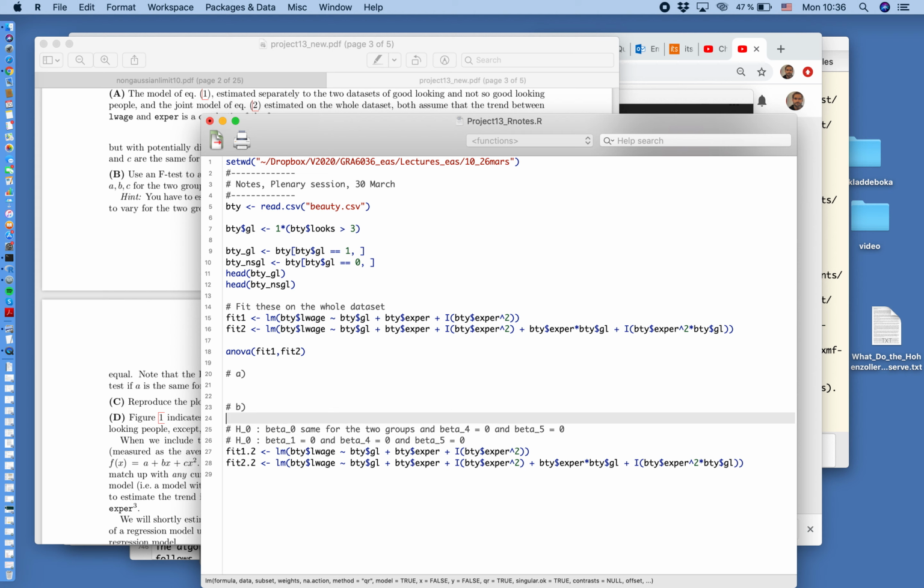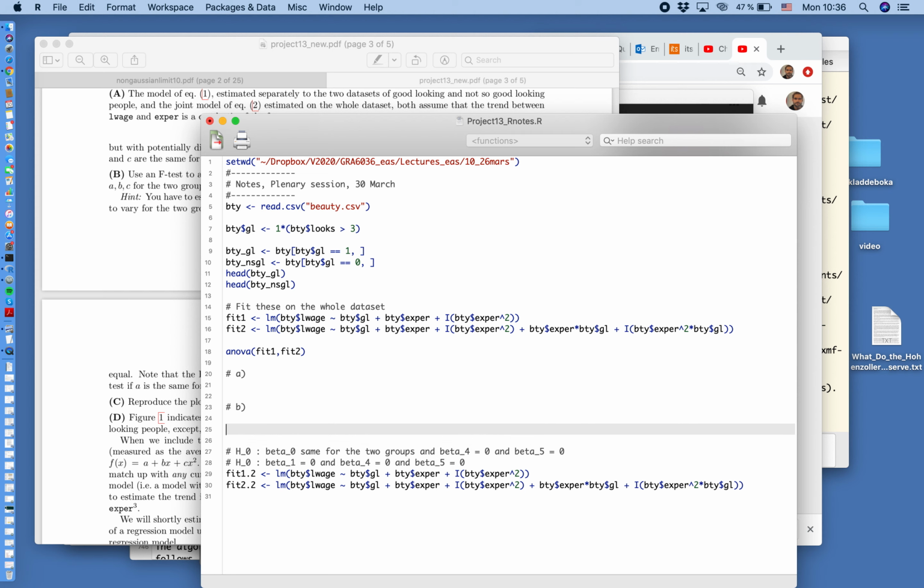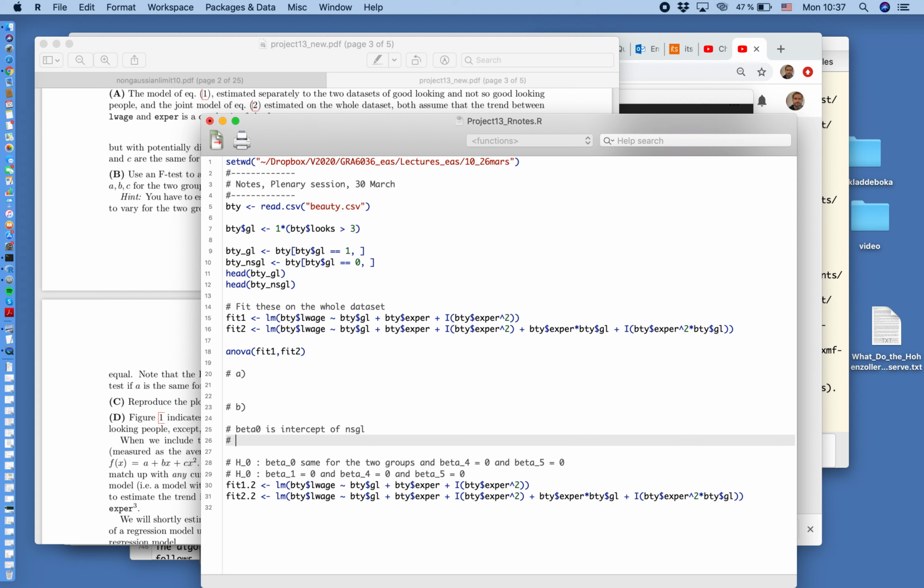Notice that what we're doing when we add this thing, remember, this is an indicator. So we're saying that the not so good looking group has this intercept. So when we are allowing the intercept to differ, what I mean is that beta 0 is the intercept for not so good looking, while beta 0 plus beta 1 is the intercept for the good looking people.